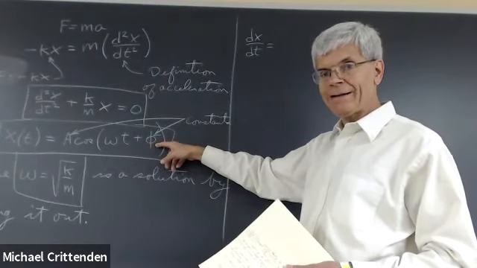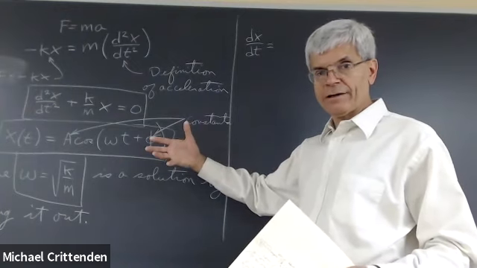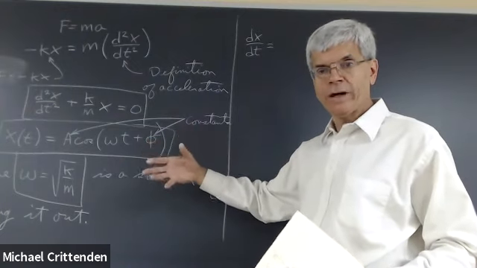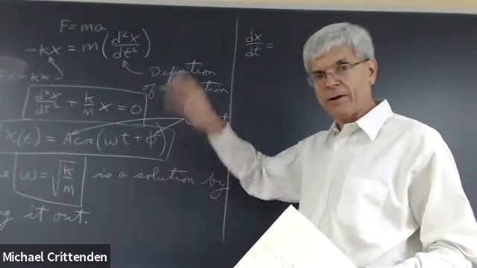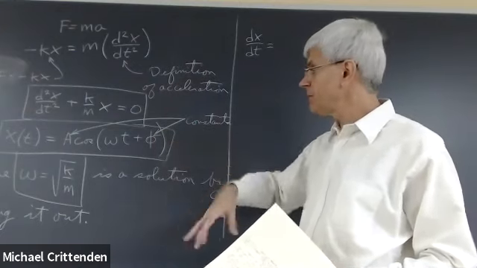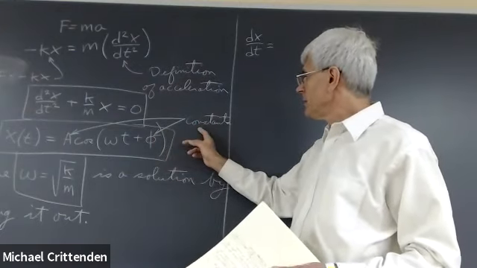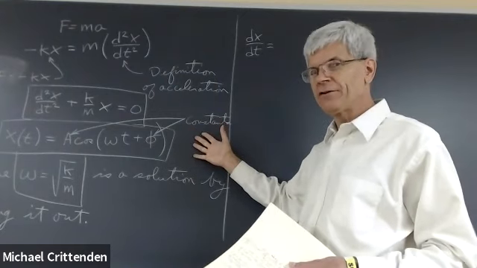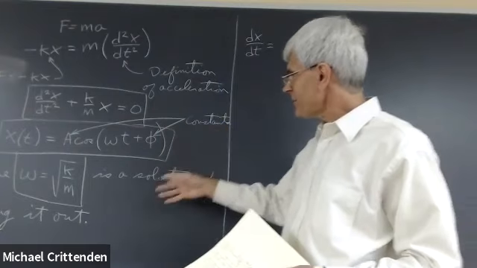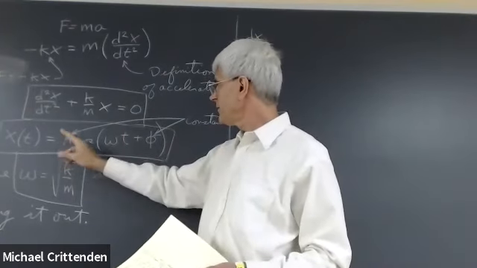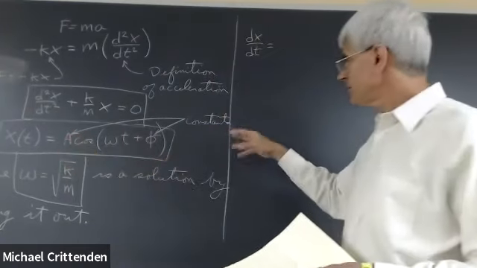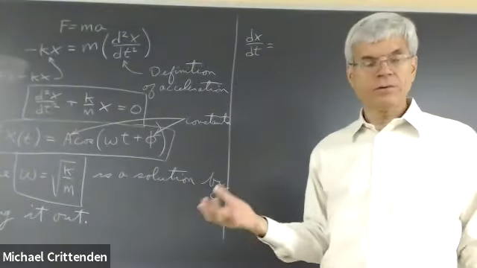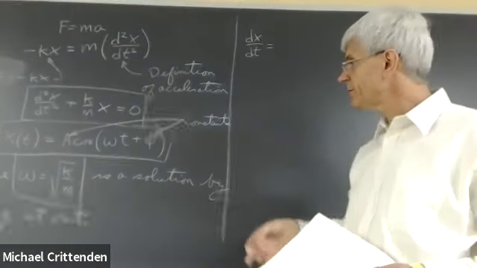Constants that depend on the initial conditions. Exactly how and when did you release the mass when it started to go up and down? So from a mathematical point of view, they're more or less constants of integration. So omega stands for this, and A and phi are just constants determined by how and when you release the mass.